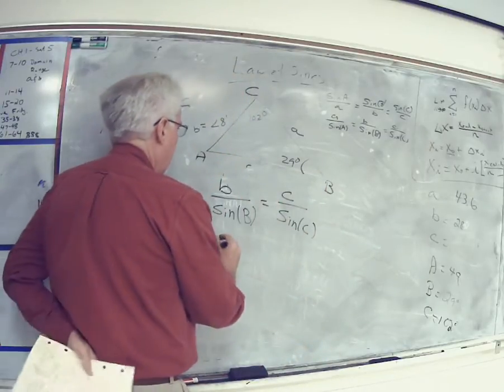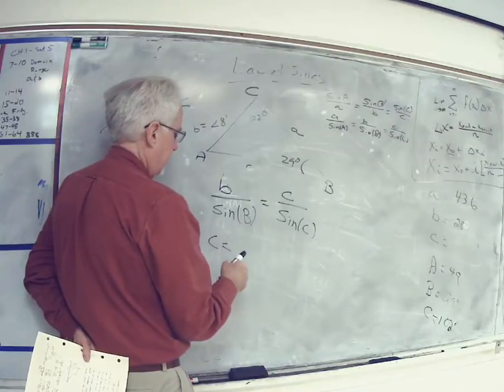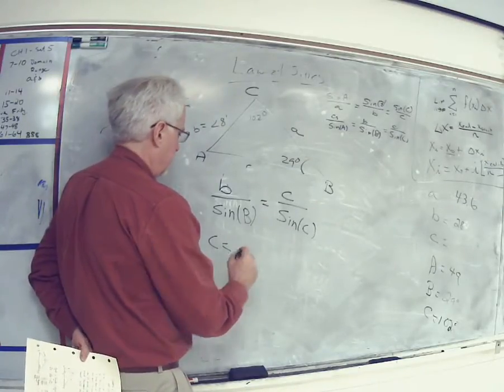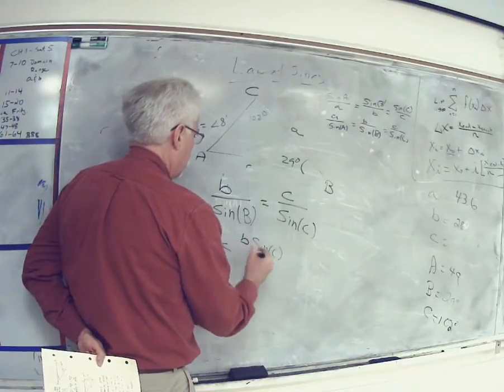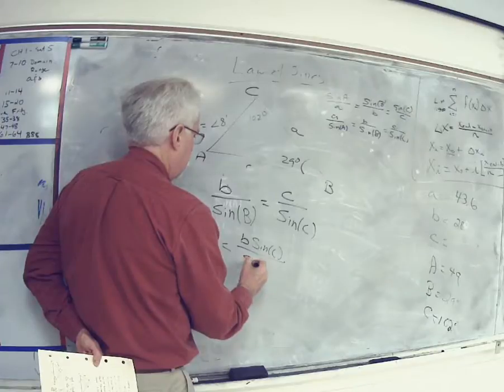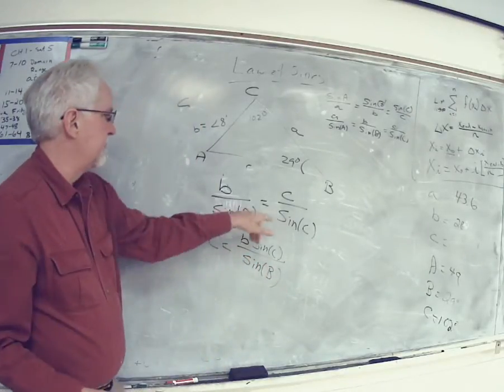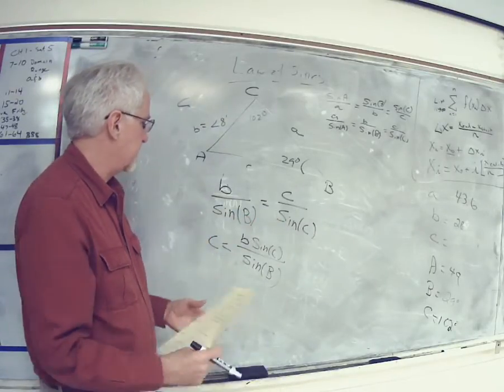And so now, what would c be? Emmy, how would you do that? Get c by itself. c would be equal to b times sine of C over sine of B. Okay, because what did you do to both sides? You multiplied both sides by sine of C, and then you're left with c by itself.